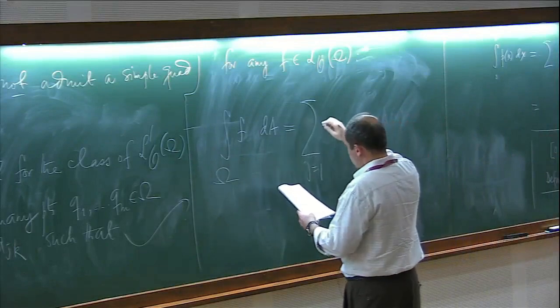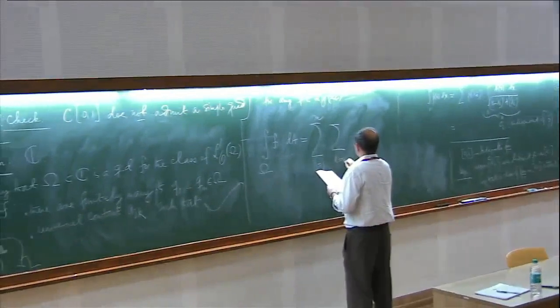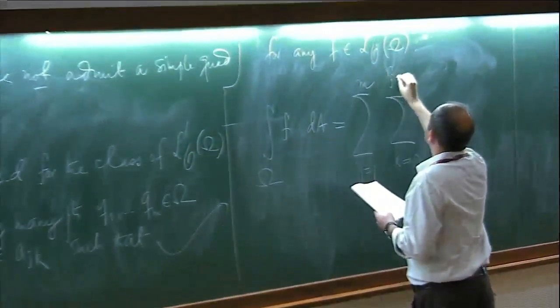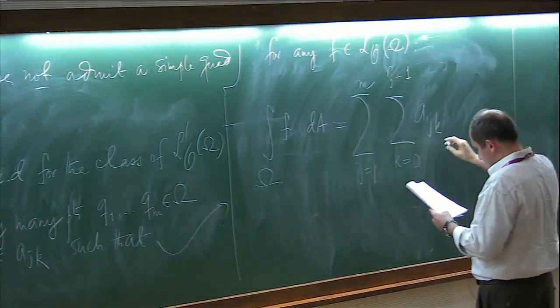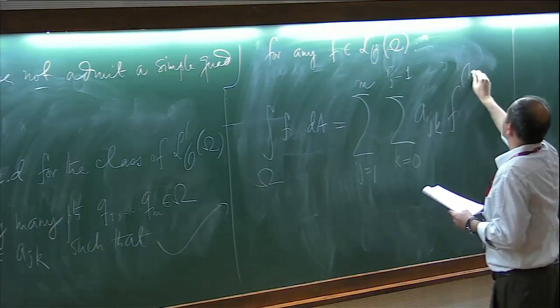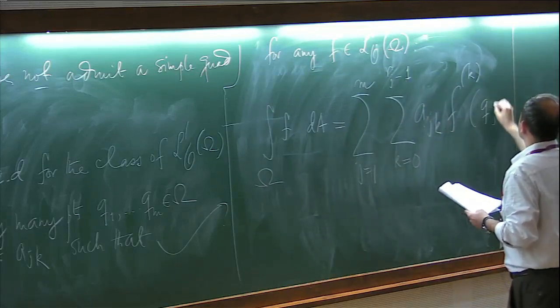j goes from 1 up to m, the sum k goes from 0 up to rj minus 1, Ajk, and I allow this many derivatives, k going up to rj minus 1, and then I have the evaluation at Qj.